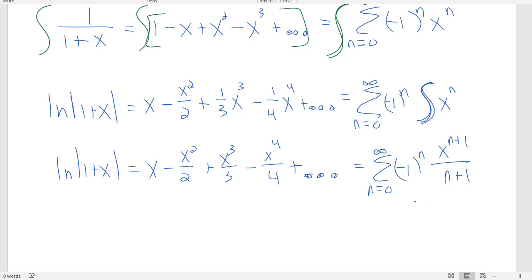And here's its sigma form of that series. Now again, if I plug in n equals 0 into my sigma notation, I get -1 to the 0, which is positive, and then I get x to the 1 over 1, and that's my first term in my infinite polynomial of that power series. And I could keep plugging in n equals 1, n equals 2, and we would see this generation here.